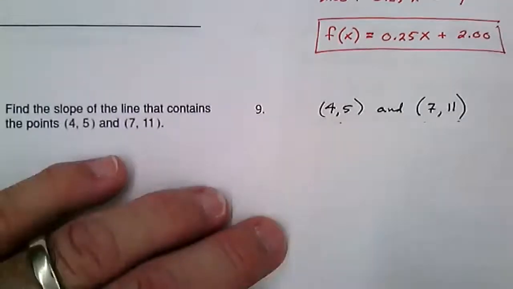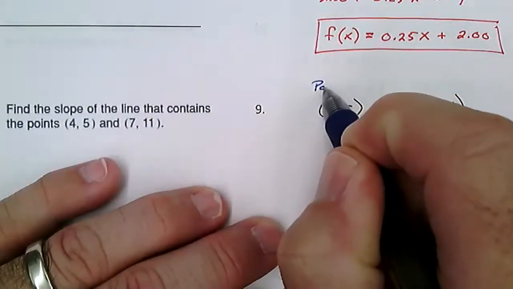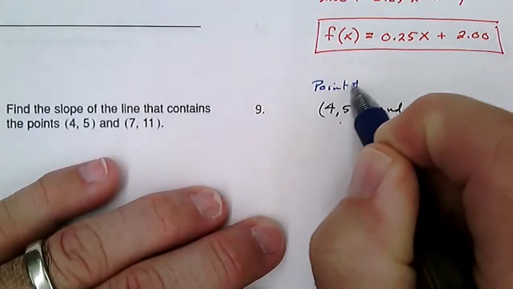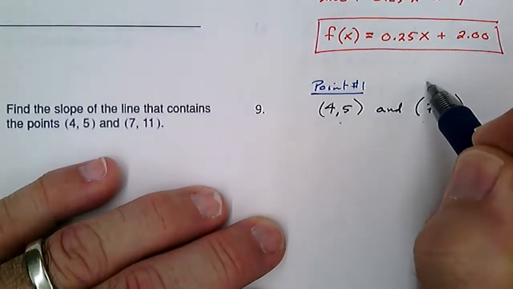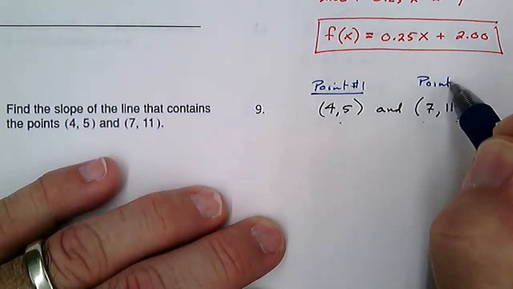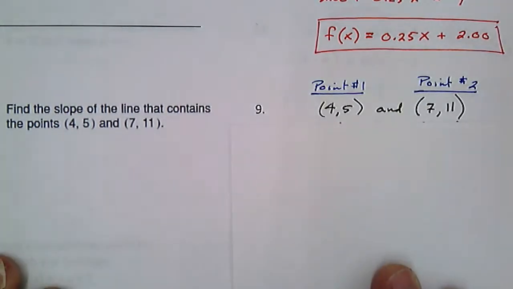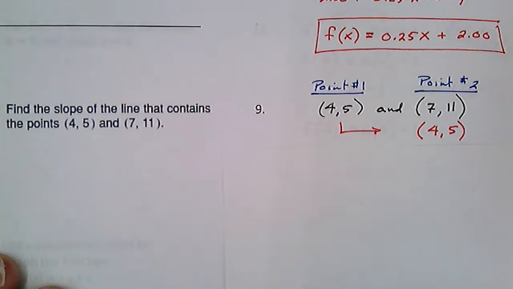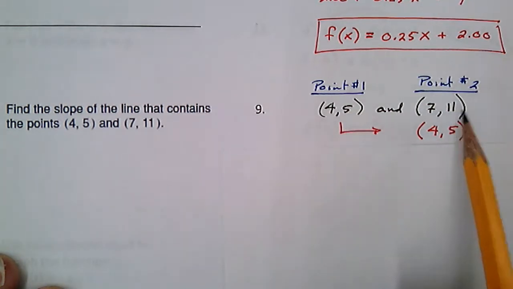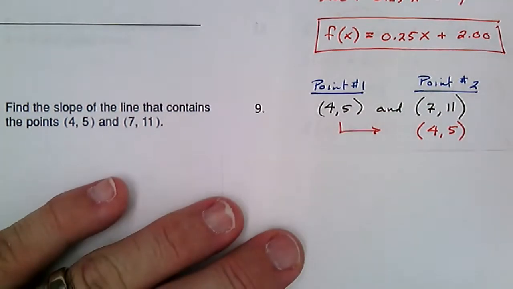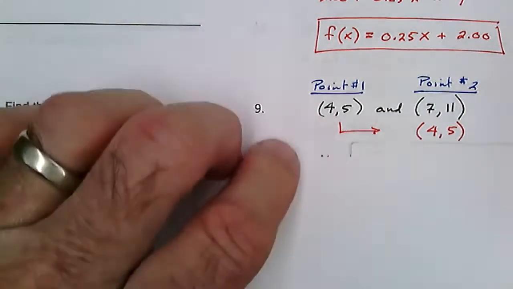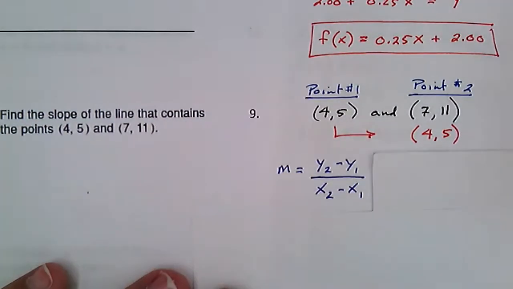I'm going to call this point number 1 and this point number 2. The first thing I taught you to do was the stack strategy. I'm going to take point number 1 and stack it underneath so that I have these lined up, and now that I've got that stacked, I'm going to write out my formula.